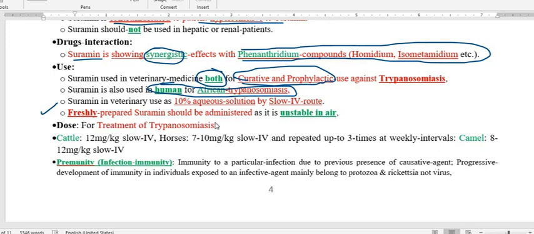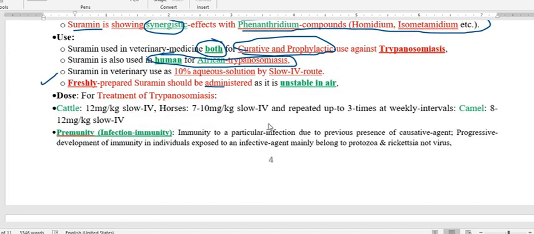One more important point with suramin is that once you have prepared it, you have to administer it, because the drug is unstable in air. So once we have prepared suramin, we have to use it.